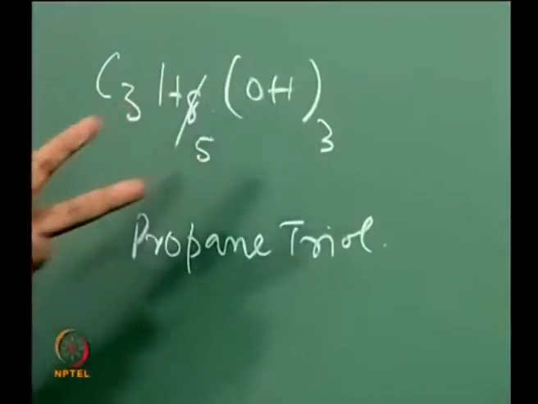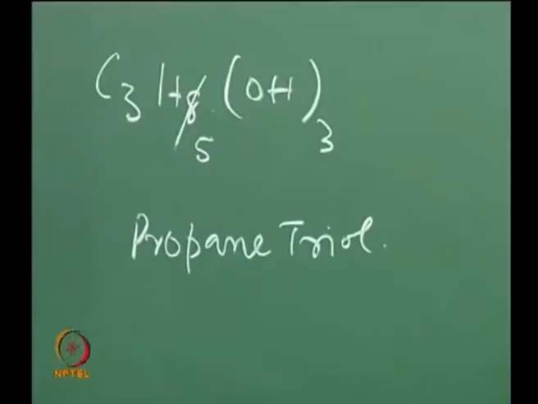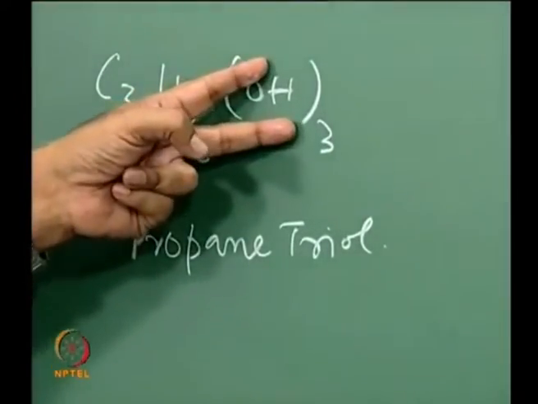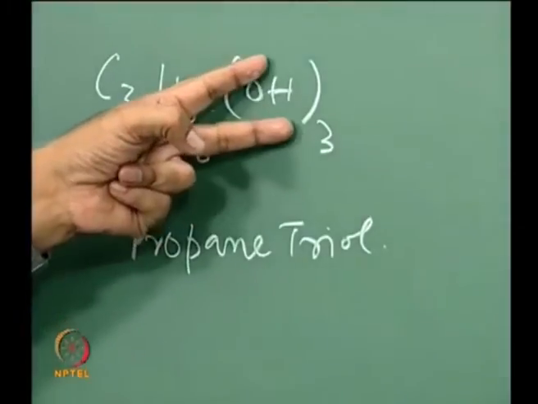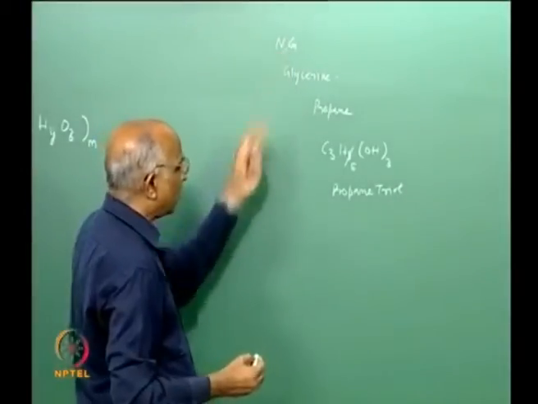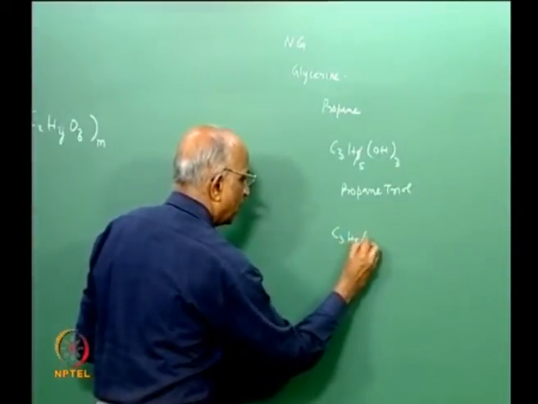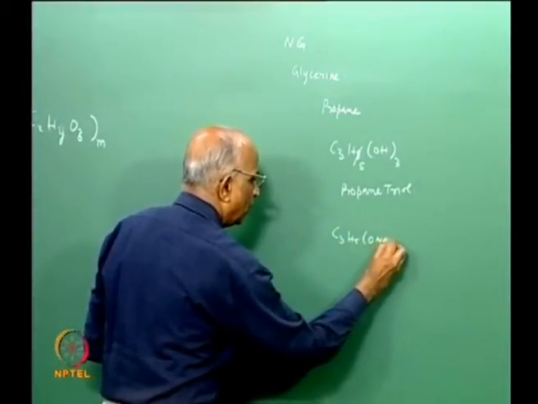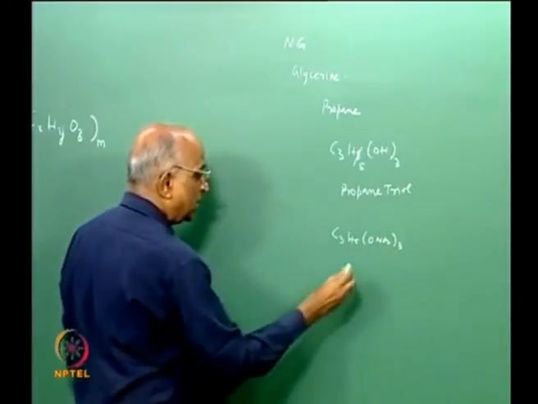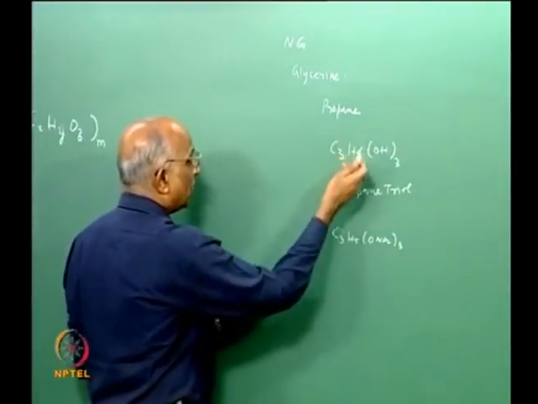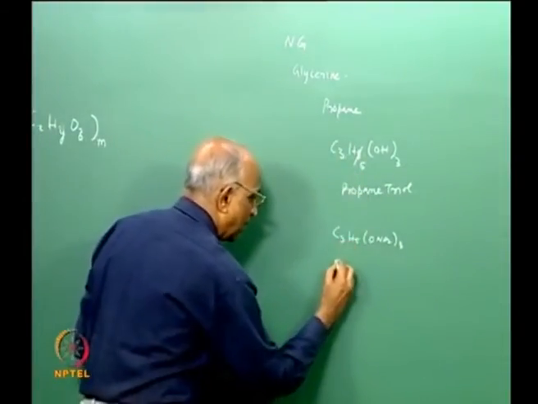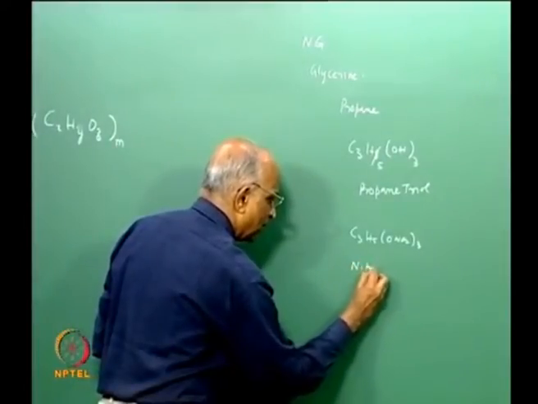That means it is just an alcohol of propane. Now in this you take the OH out, instead of OH you put something like a nitro radical, you put C3H5(ONO2)3, and this becomes nitro based on glycerine which is propane triol, and this is known as nitroglycerine.